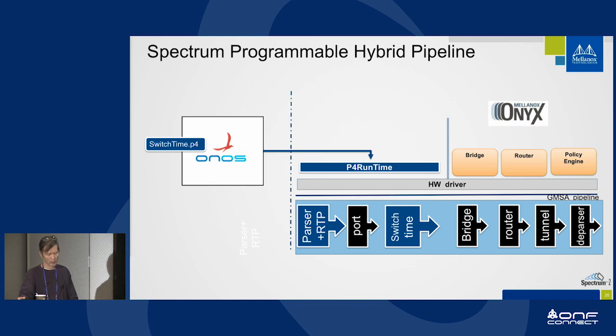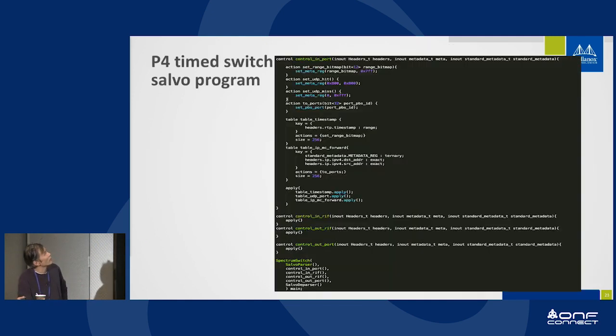And the final thing I want to show is the P4 program, almost all of it. I think I took out one small piece for the UDP, but this is just about all of the time switch program. You can see there are 4 actions at the top and 2 tables; there's actually 3. There's a UDP port table, which just couldn't squeeze in.